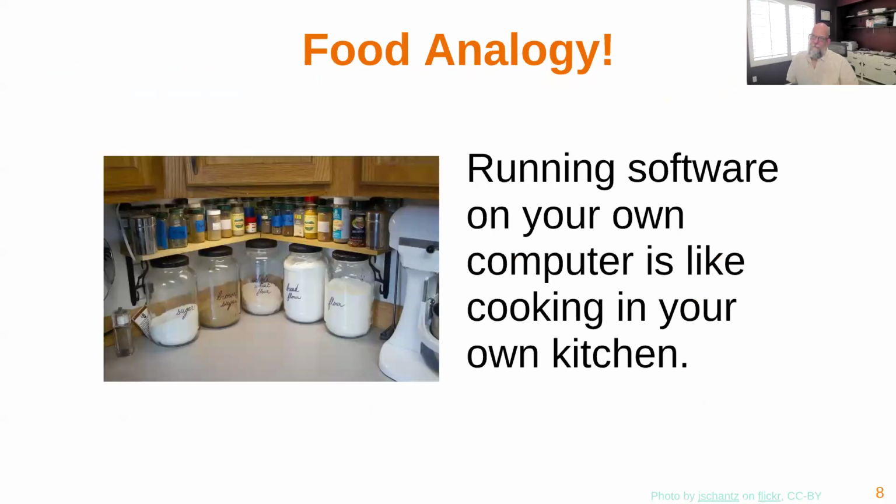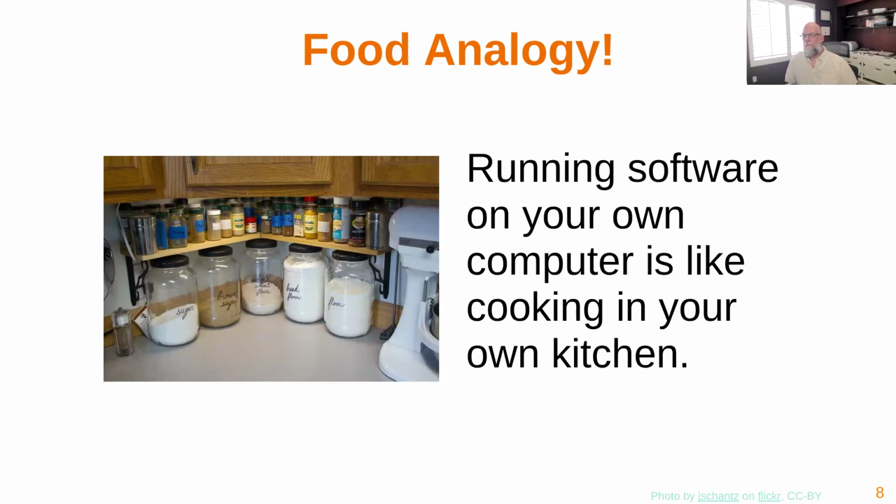There's a little bit of a food analogy here, comparing cooking in your kitchen to cooking in other places. If you're cooking in your own kitchen, it's pretty easy because you know where everything is. You know what ingredients you have, and you know where all your tools are. You know the equipment in the kitchen, right?